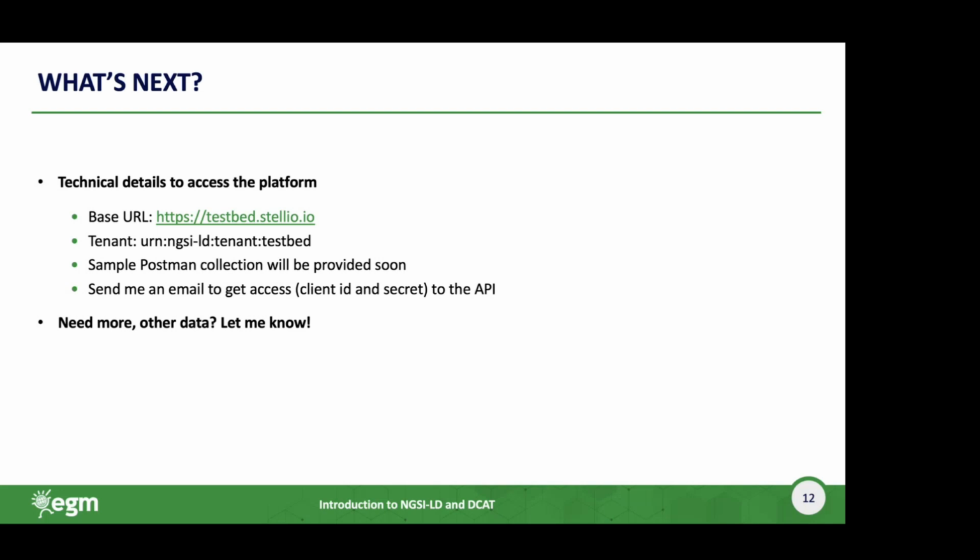It will be finished, I think, tomorrow or Thursday, so that you will have some example queries to start using. And if you want access, send me an email to get access to the API, and I will send you a client ID and client secret to be able to access the API.